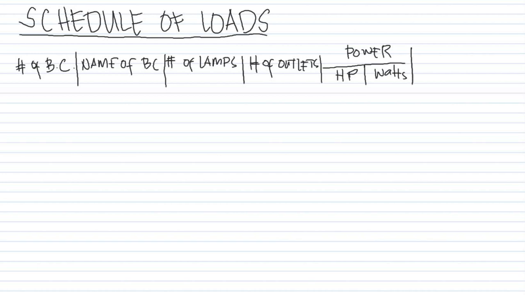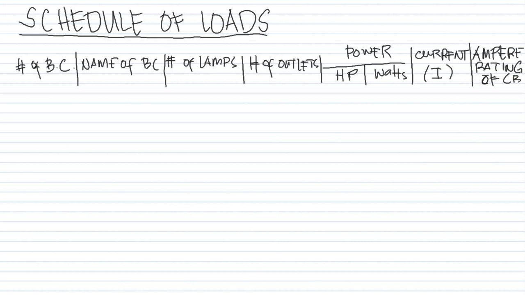Next is current. I will be the symbol for the current. And after that, the ampere rating of the circuit breaker.